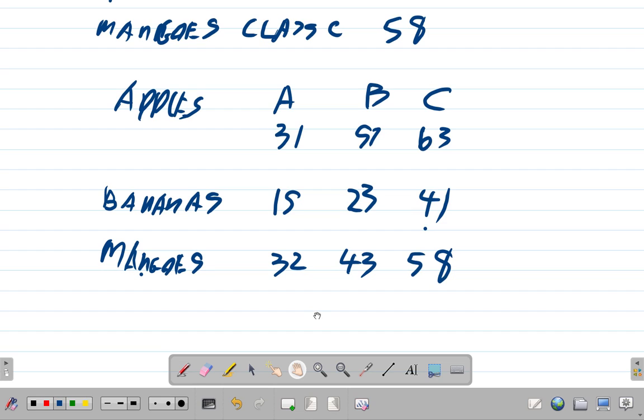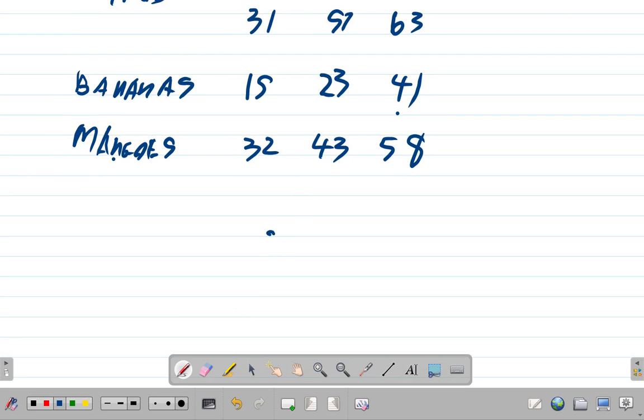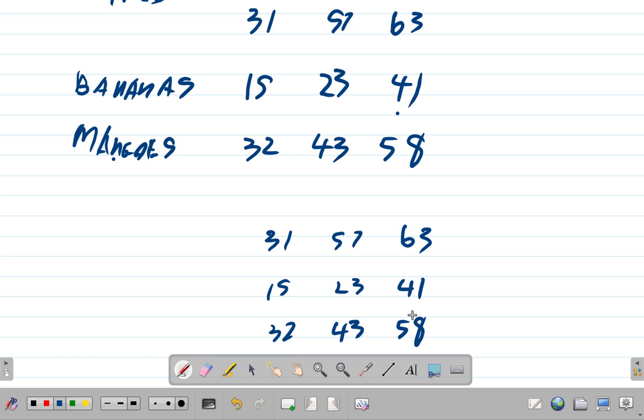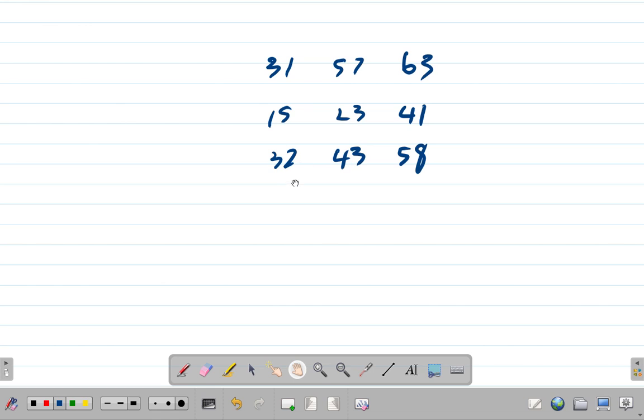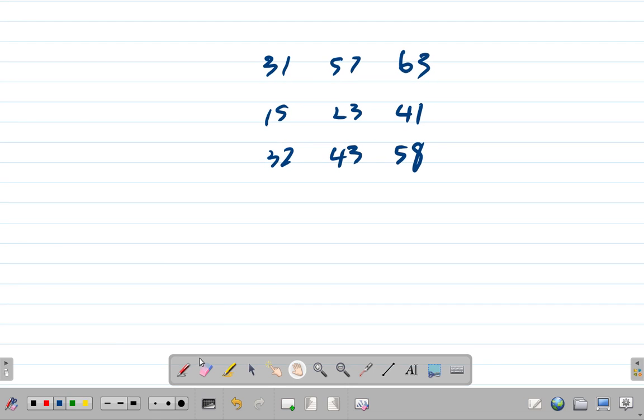So, what do you do now? You say 31, 57, 63, 15, 23, 41, 32, and 43, 58. You look at those numbers. What you have now is an array of numbers, and their positions have meaning. Then you enclose them in brackets. So there you have a matrix.